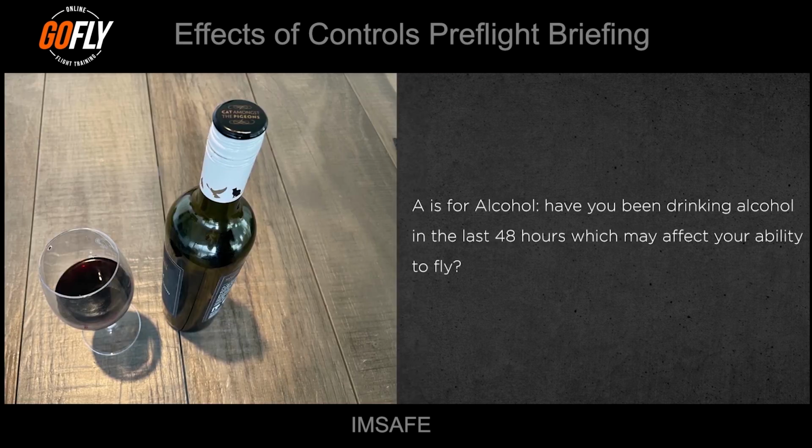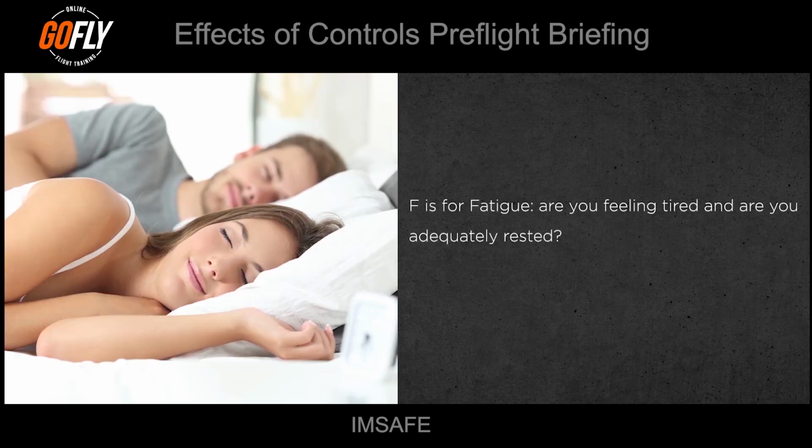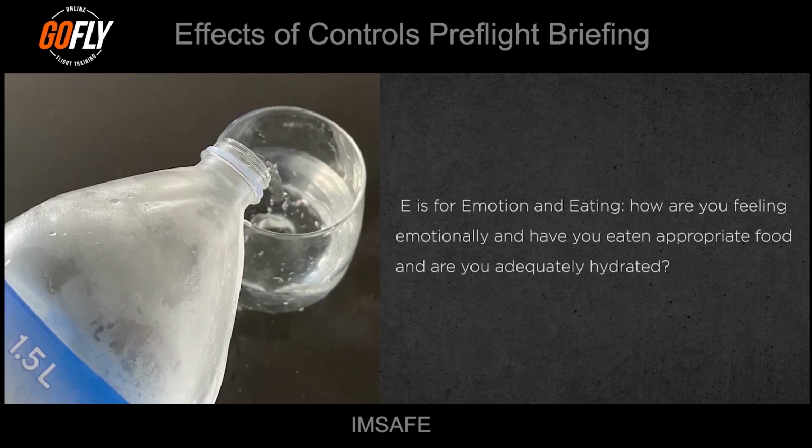Have you been drinking alcohol in the last 48 hours which may affect your ability to fly? F is fatigue. Are you feeling tired and are you adequately rested? E is for emotion and eating. How are you feeling emotionally and have you eaten appropriate food and are you adequately hydrated?